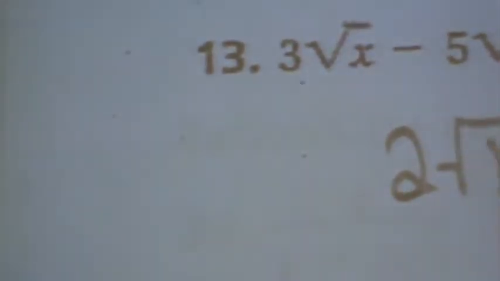Okay, how about 13? 2 square root of x. Part of it's right. What is it? Negative 2. Yes, 3 minus 5 is negative 2. And number 14, can you add these up?